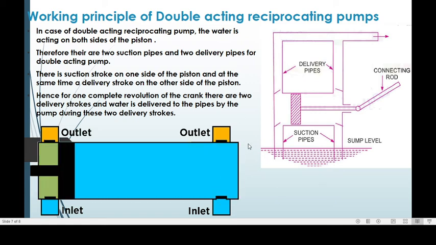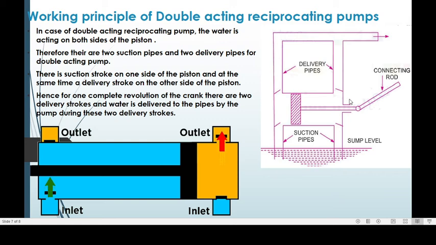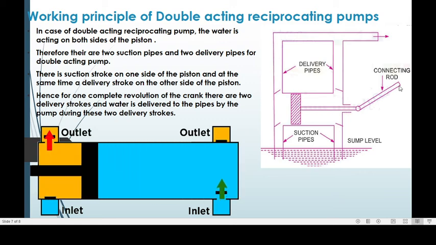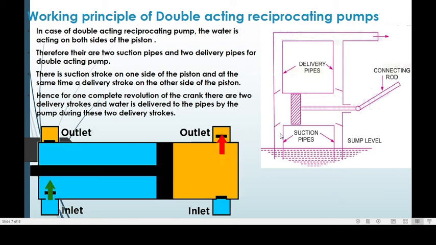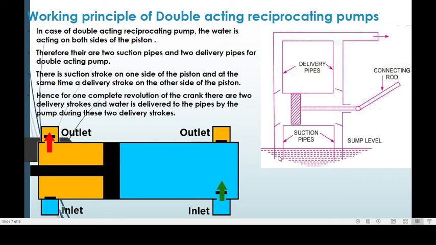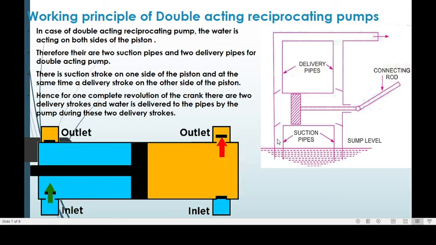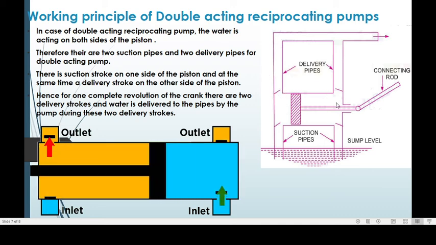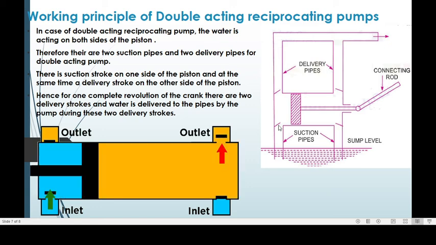Other parts remain the same, that is your connecting rod, piston rod, crank, all the things are the same, and only two things are added, that is your two suction pipes and two delivery pipes, and we have two valves here. Similarly we have two valves here.